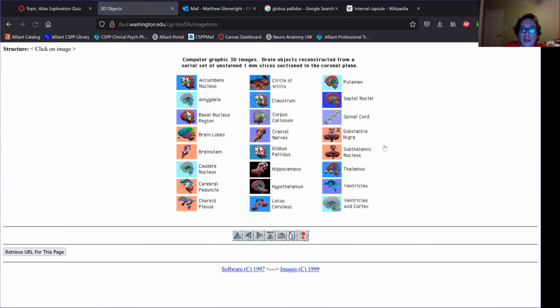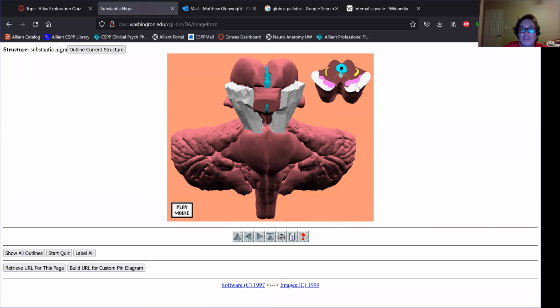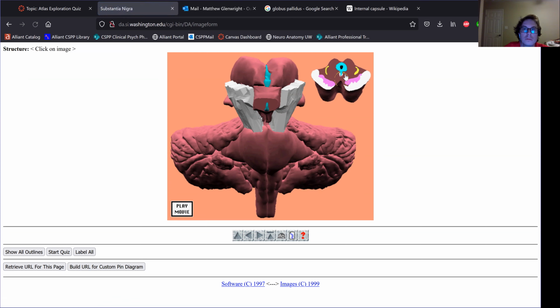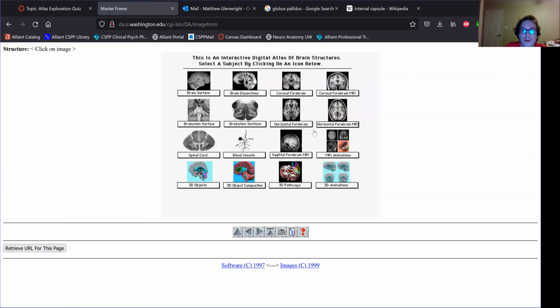So if we look at this, that's actually not the most helpful one. But yeah, basically, it's very much in the midbrain area.